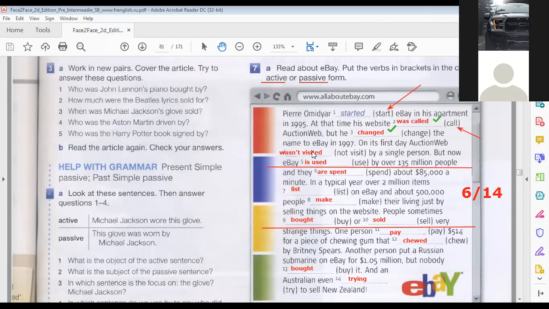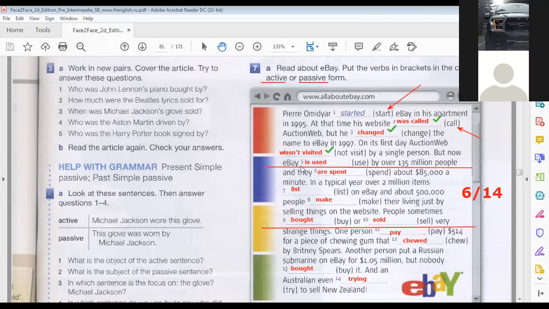Is this correct? What do you think, Sana? Correct? I think it's correct. What do you think, Safia? Correct or not correct? It's correct, because even the form has by a single person. If you translate it, it means that on its first day it was not visited, not even by a single person. That's the idea. All right.